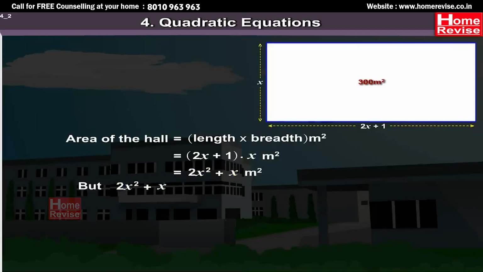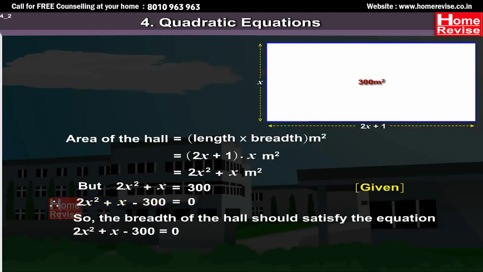But 2x square plus x is equal to 300 is given. Therefore, 2x square plus x minus 300 is equal to 0. So, the breadth of the hall should satisfy the equation 2x square plus x minus 300 is equal to 0, which is a quadratic equation.